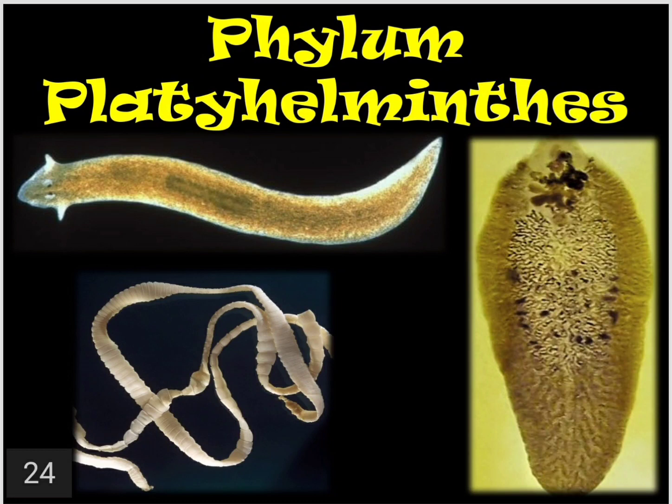The body is acoelomate and bilaterally symmetrical, and they are triploblastic, which means they have 3 germ layers: endoderm, ectoderm and mesoderm.